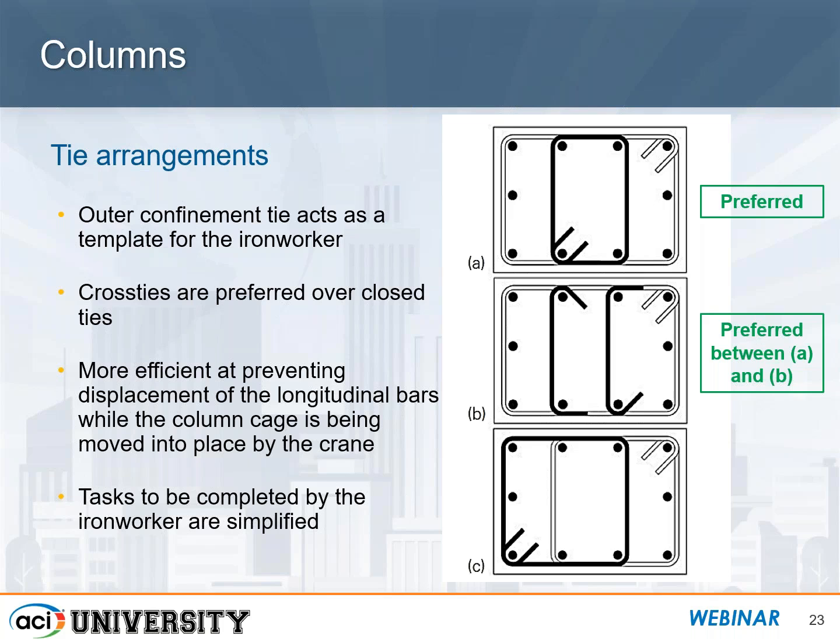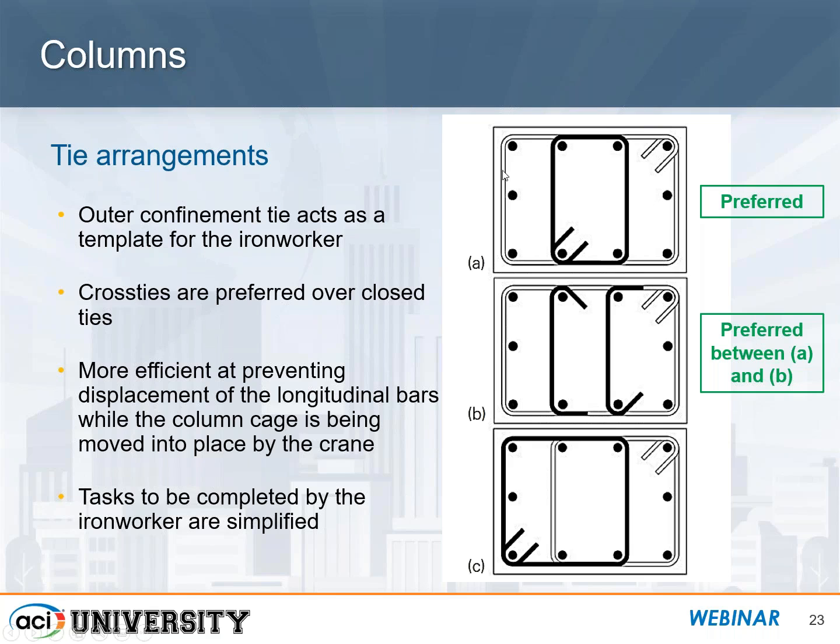But even then, we're permitted to use these cross ties as long as they have the 135-degree hook. And if we're in seismic, it's got to be a seismic hook with a certain length. And as long as we have the 90-degree hook at the other end, there's nothing that really tells us the performance is going to be any different.